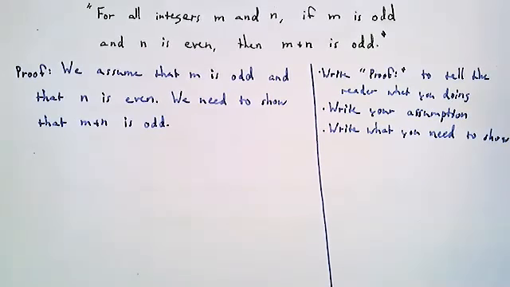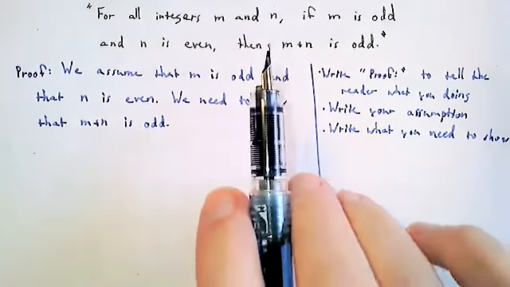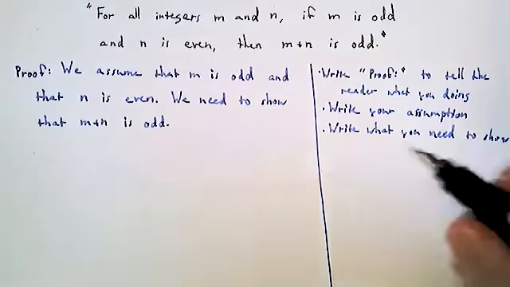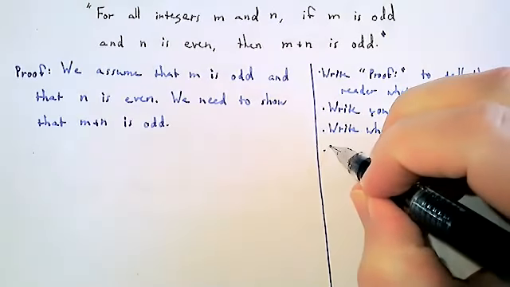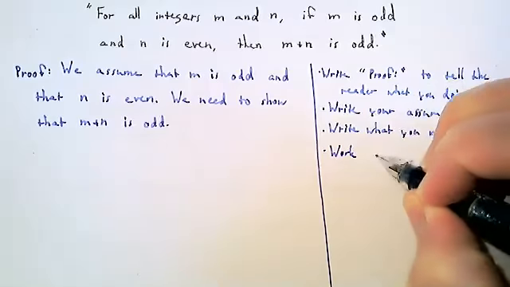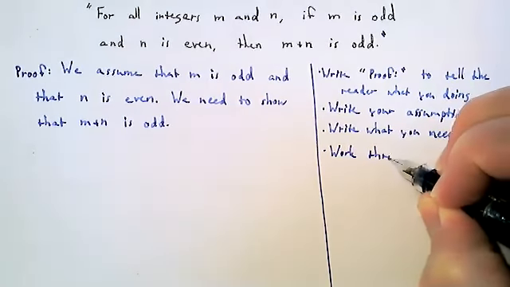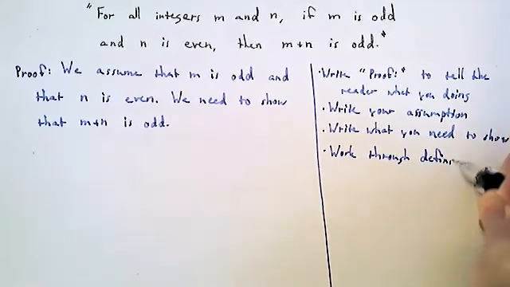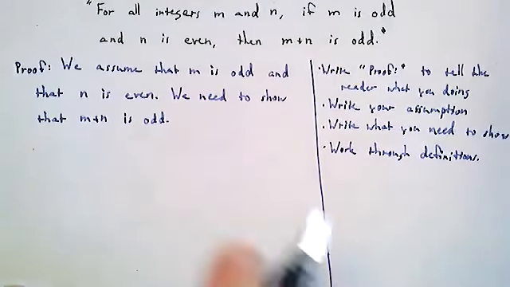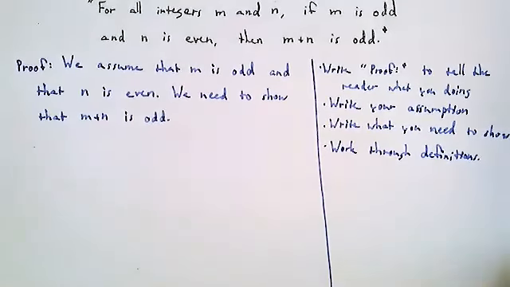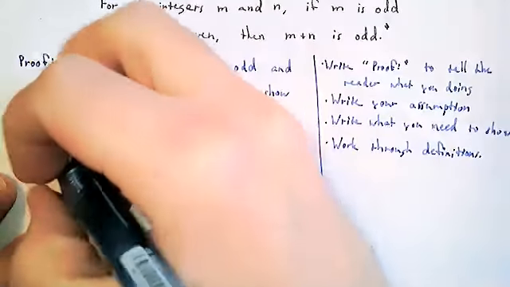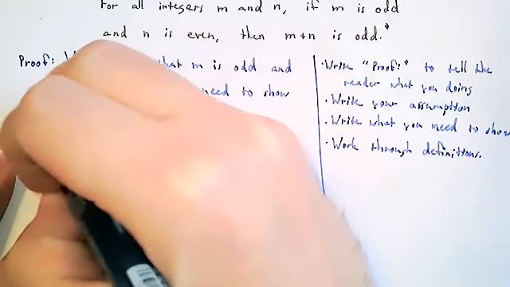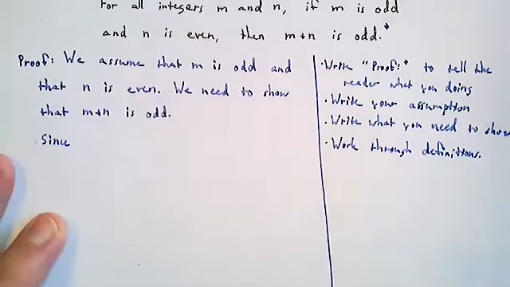And then once you have all of your ideas written down, you can start working through the definitions of all of your terms. So work through what the definitions really mean. So in this case, m is odd, so we need to write down what odd means for the number m. And what I mean is something like this.